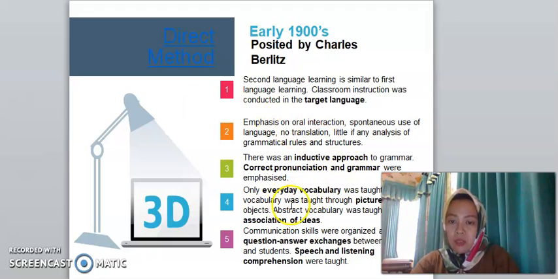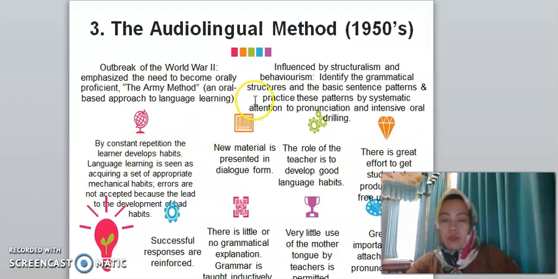They learn everyday vocabulary, and the teacher provides pictures and objects to learn vocabulary. The communication skills were organized around question-answer exchanges between teachers and students. Speech and listening comprehension were also taught in this method.